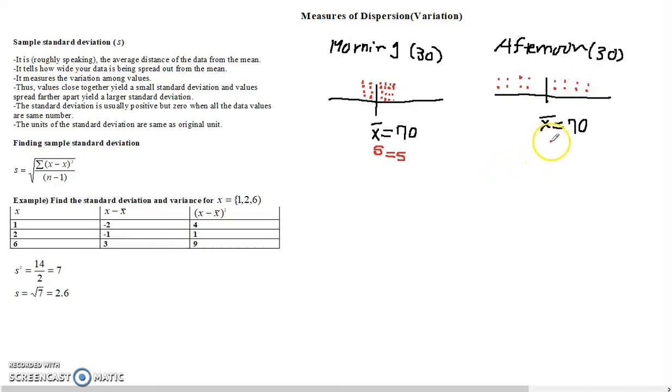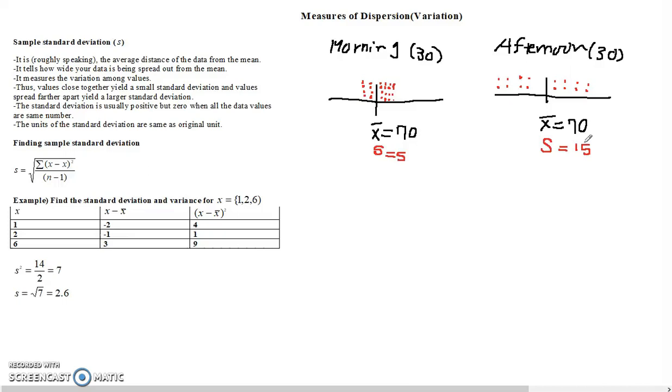So I calculate that s equals maybe 15. By looking at the sample mean alone, x bar equals 70, you don't see this type of information unless it is given to you, right?